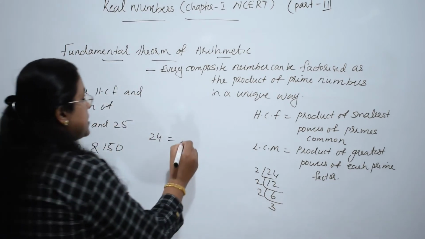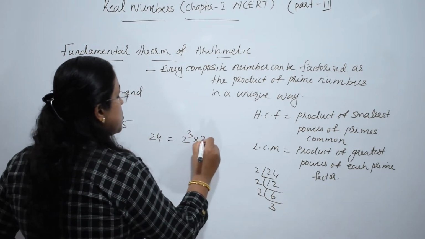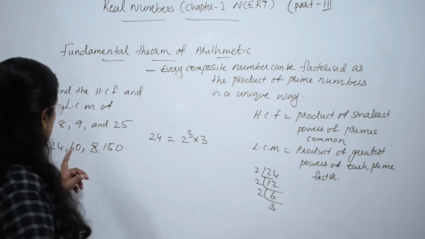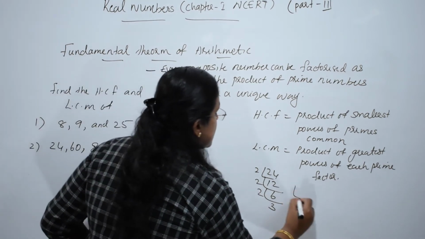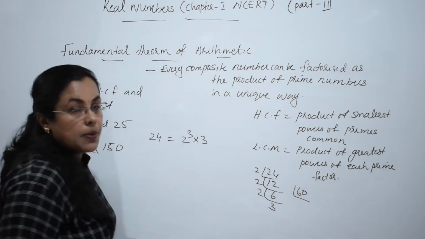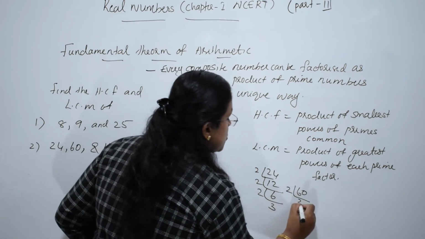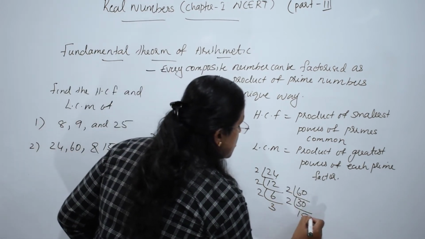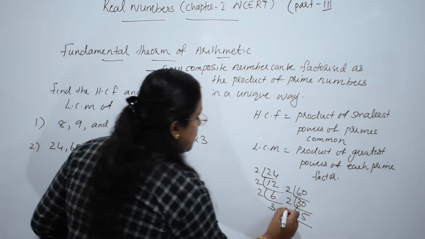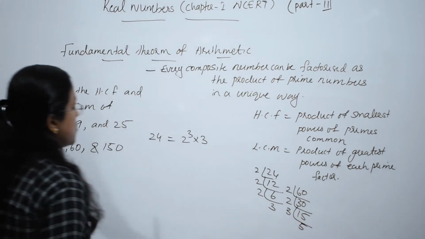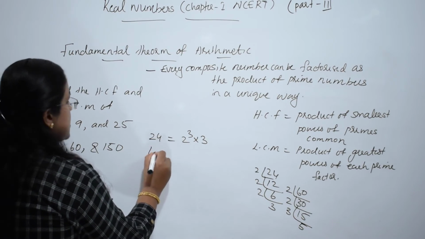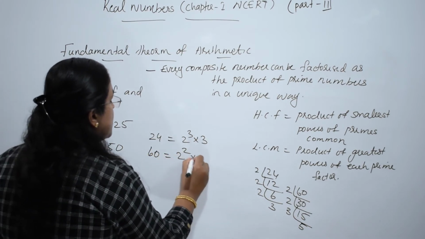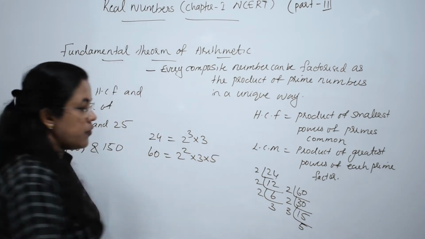So we can write it as 2 cube into 3. Now what is 60? Even number, so start with 2, 2 3s are 6. Again even number, 15 2s are 30, 3 5s are 15. So we can write 60 as 2 square into 3 into 5.